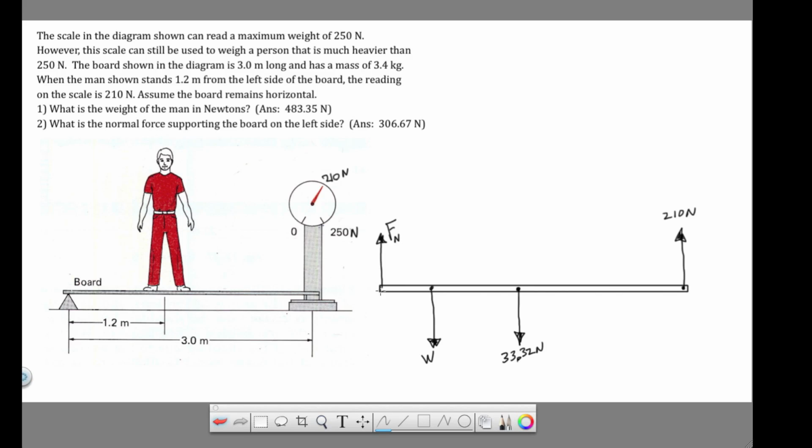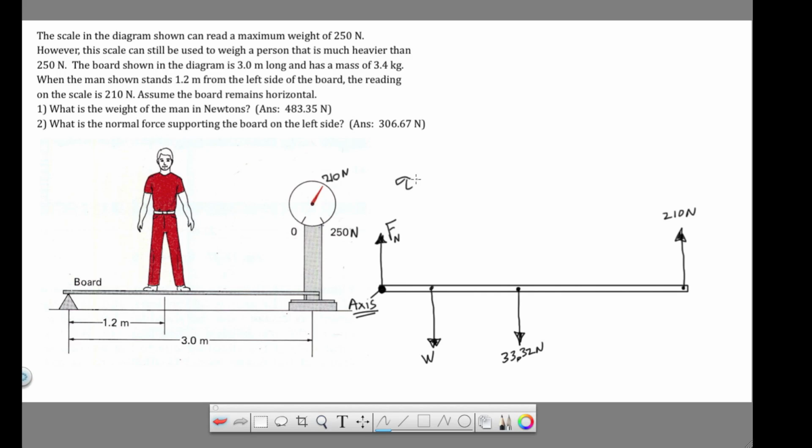Okay, with any problem involving torque, which is a problem like this, we must have an axis. Now, the place to put the axis is the place where you have the most unknown forces. And the reason for that is forces that act directly on the axis cause no torque.